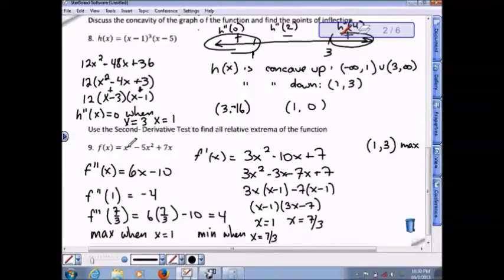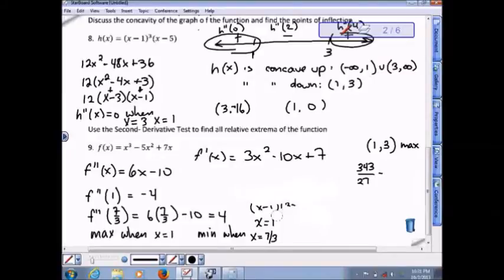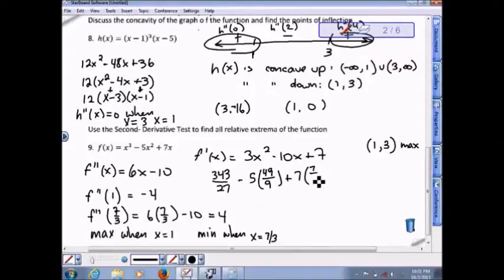Now if we plug in 7/3, so I plug 7/3 in for x. We're going to get 343 over 27, minus 5 times 7/3 squared, which is 49 over 9, plus 7 times 7/3.